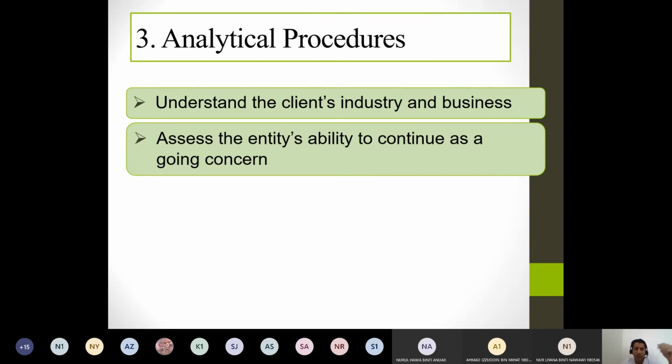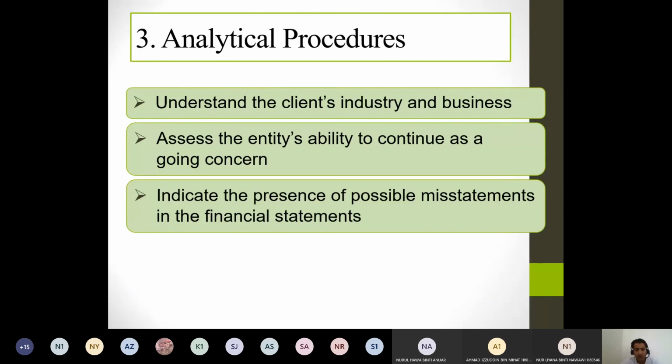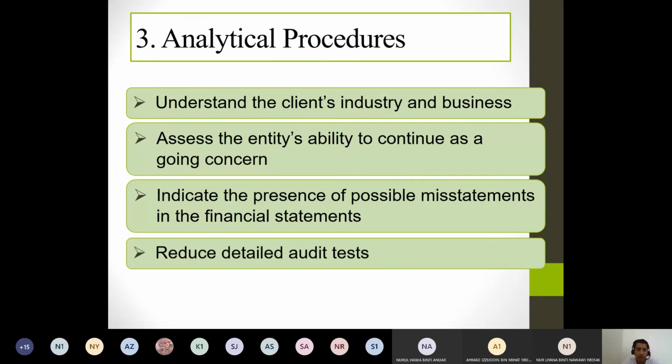So we check whether this company or the entity is a going concern or able to continue business. Number 3 is indicate the presence of possible misstatement in the financial statement. So we try to find indicators through the financial statement ratios and so on.